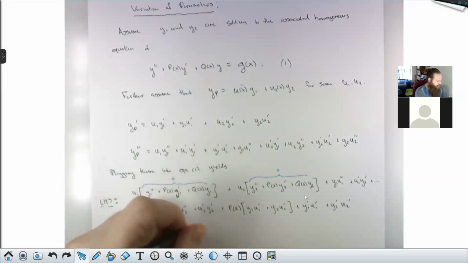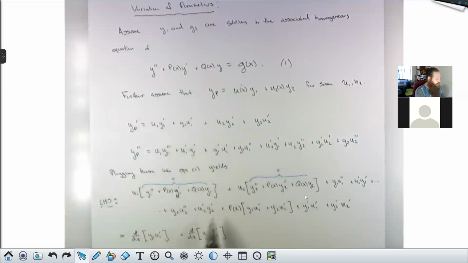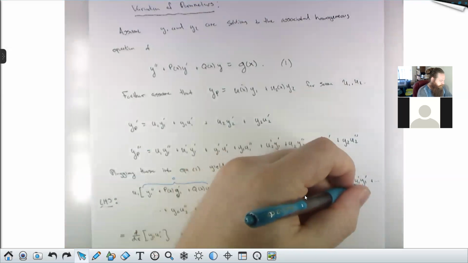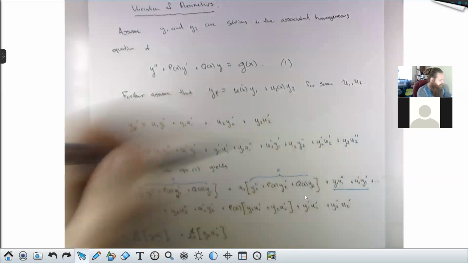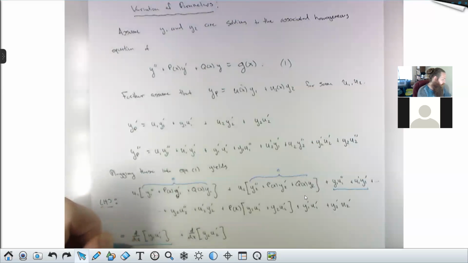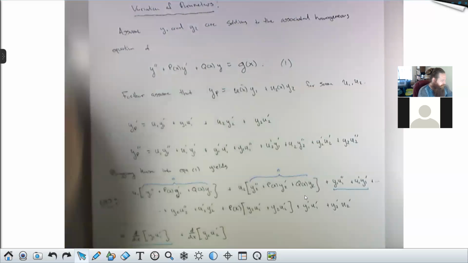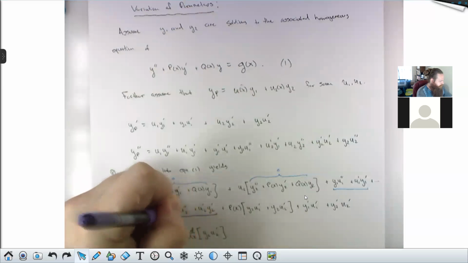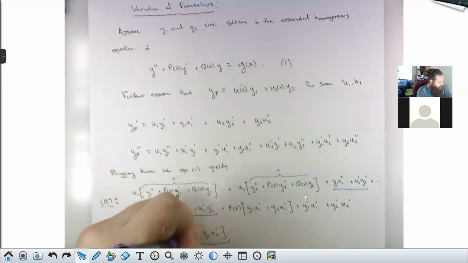That's d/dx of y2 u2 prime: y2 prime times u2 prime plus y2 times u2 double prime. This stuff is this, and this stuff is this.